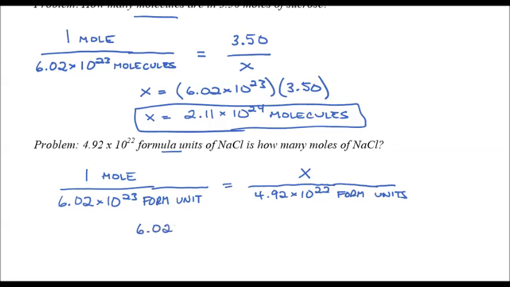We cross multiply, which I'm normally not going to show. To get x alone, we divide.